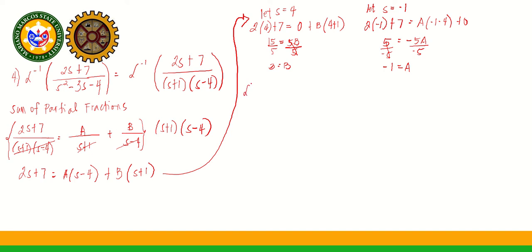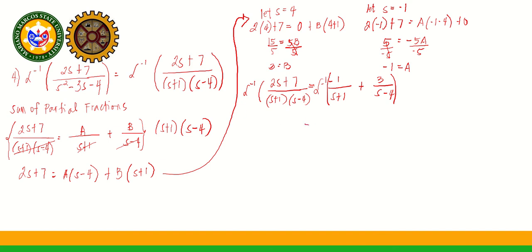And from here, pwede nating i-substitute yung values ng A and B dito sa equation na to. So the inverse Laplace of 2s plus 7 over s plus 1 times s minus 4 is equal to, what is A? That is negative 1. So negative 1 over s plus 1 plus B is 3 over s minus 4. Okay, so let us get the inverse Laplace of this one.